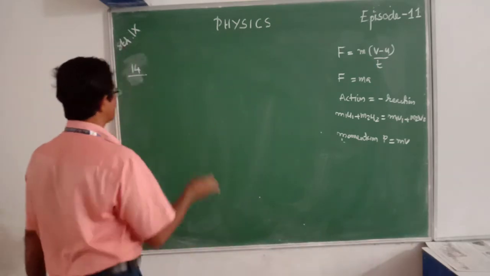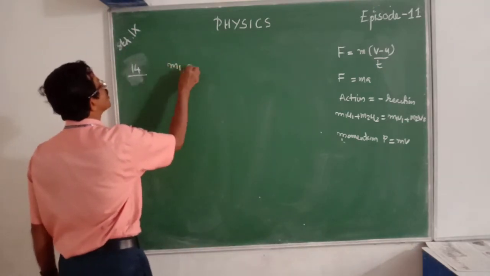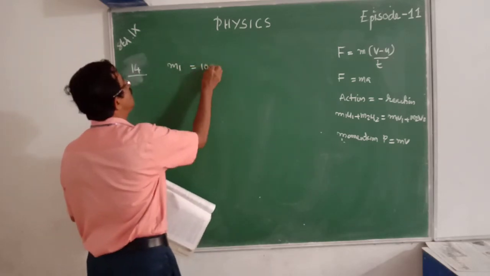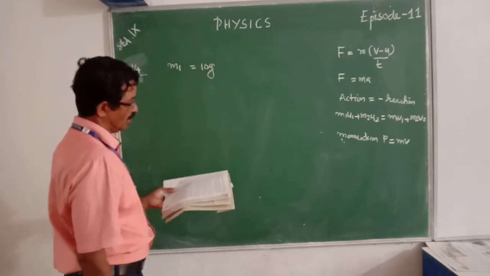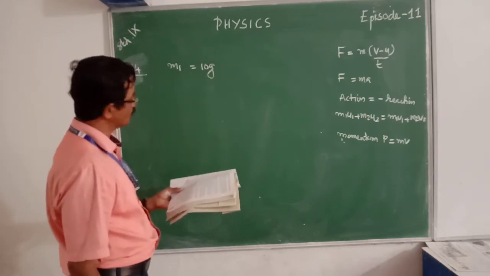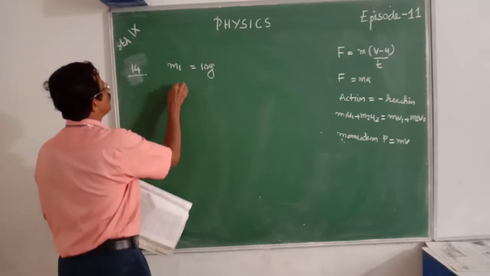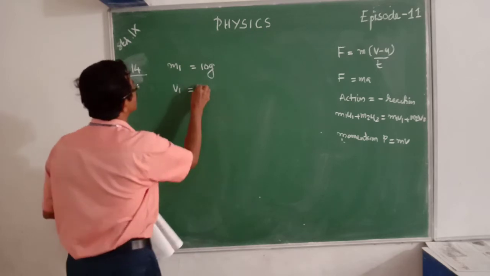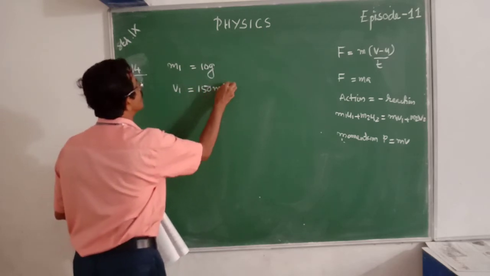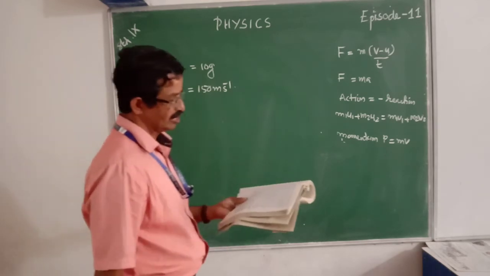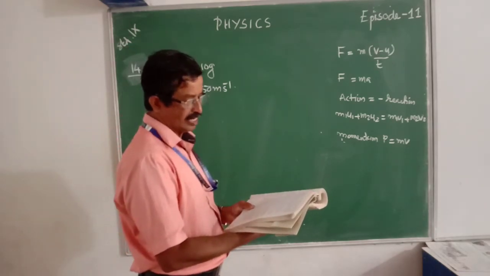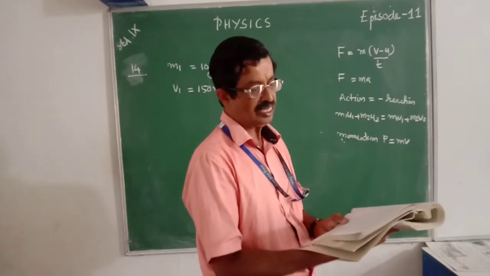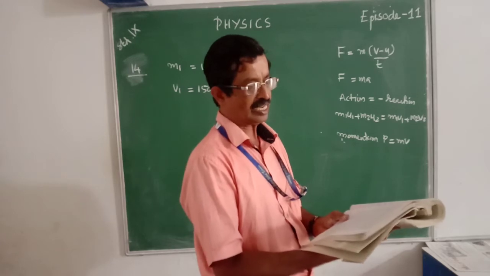Let the mass of the bullet be m1, equal to 10 gram, and it is moving with a velocity v1 equal to 150 meter per second, and strikes a stationary wooden block and comes to rest in 0.03 second.